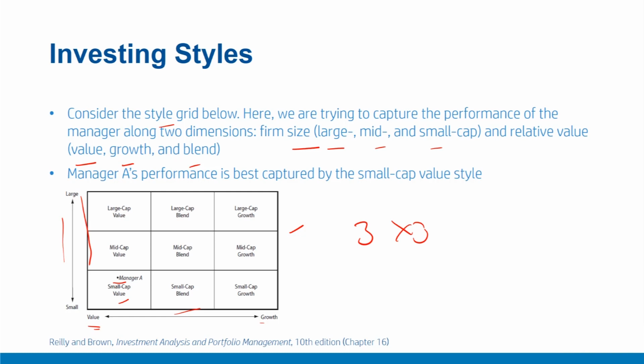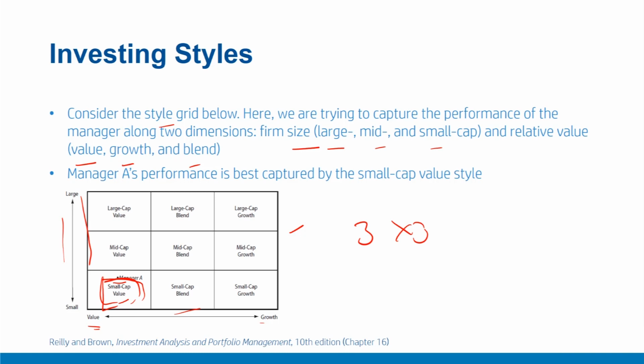Now in order to compute or analyze the performance and compare the performances of different managers, it is a necessary requirement that they should lie in a given cell. Only those managers that fall in a particular cell, their performance can be compared, because in that case only we would say that they follow similar styles.